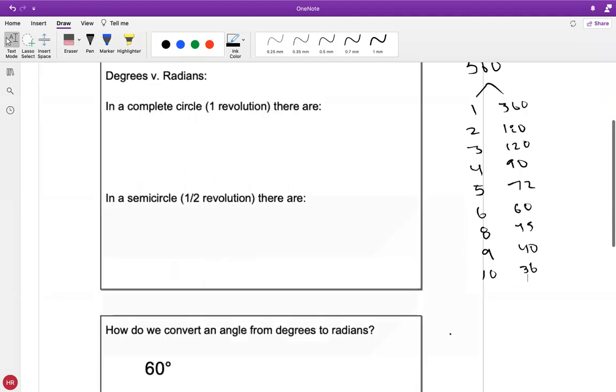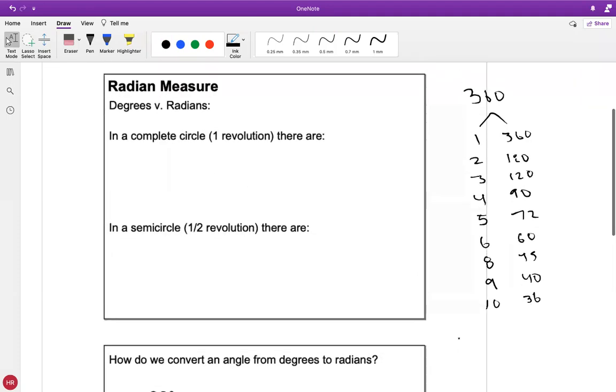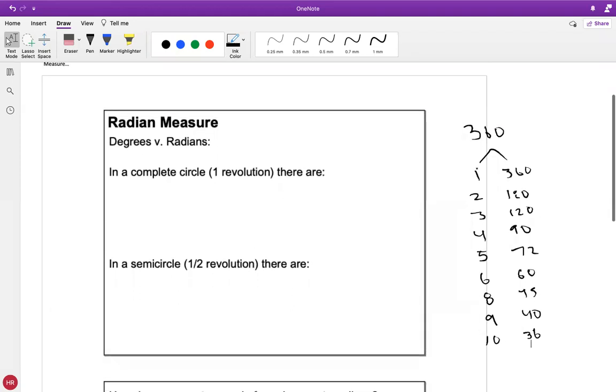There's a bunch more. Not 11, but you can do 12, and you can do 15, and you can do 18, and you can do 20. So there's a lot of ways to divide this thing up. And that's why we have always used 360 as the number of degrees in a circle, because there's a lot of ways to divvy it up.